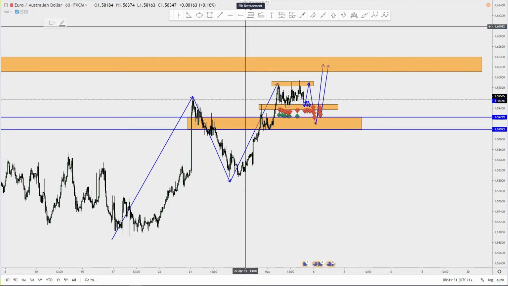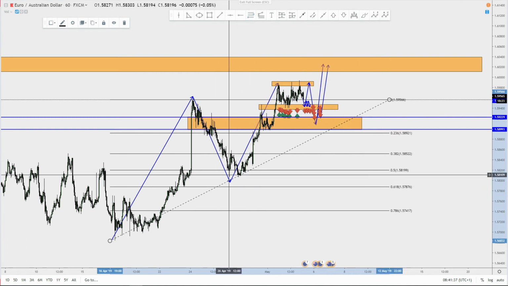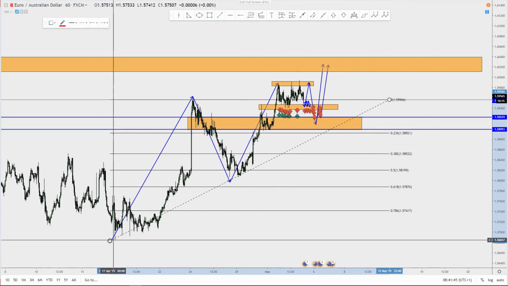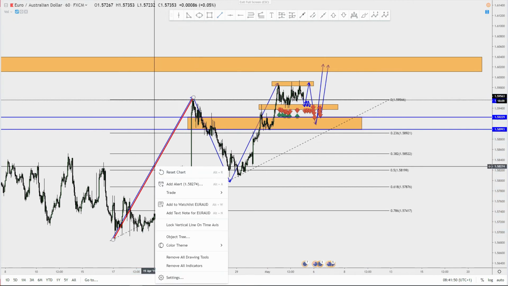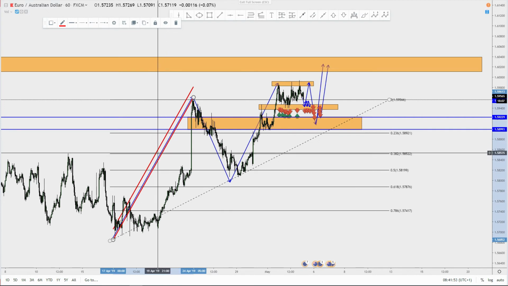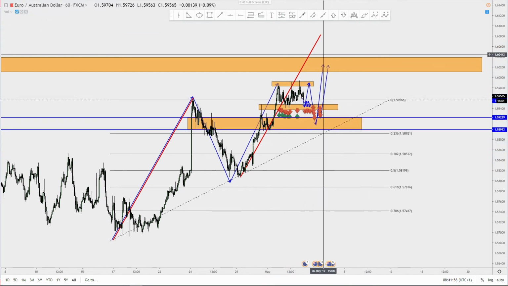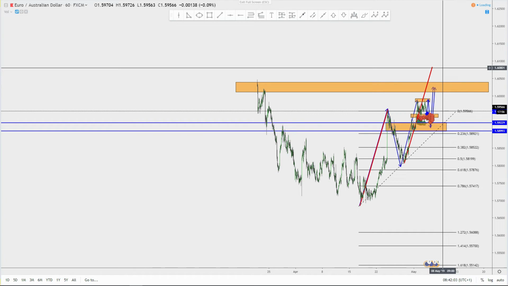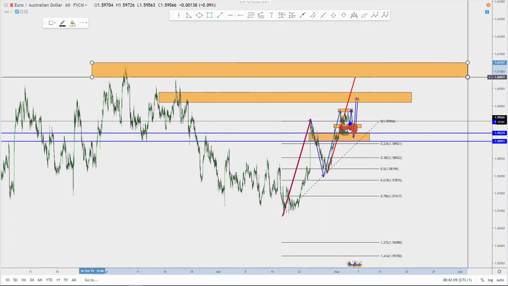One other thing to bear in mind is there is the potential for an equal measured move. We didn't quite hit the 618, but we pushed just below the 50%. So if you take that there, let's clone that and put that up there, then you can see that we do have this little area right at those tops.